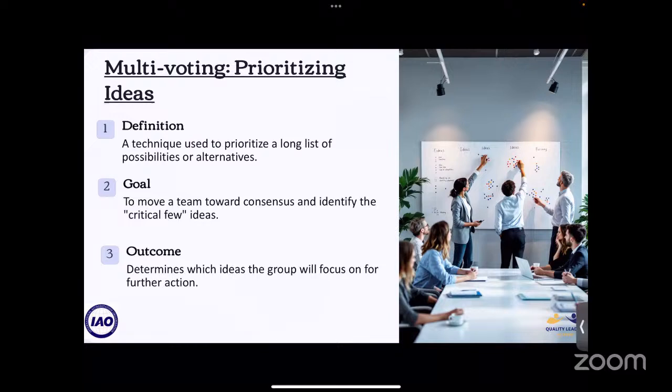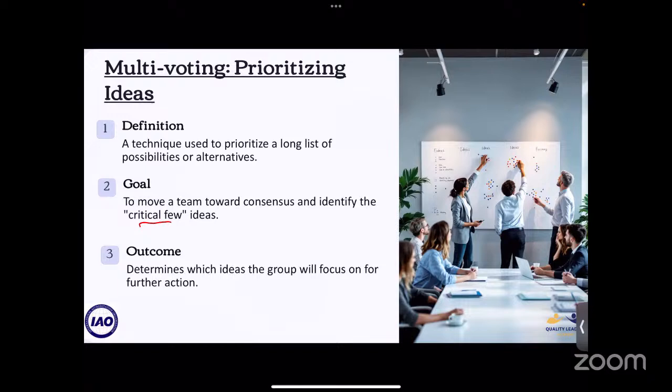The first method we have is multi-voting. Multi-voting is a tool also used for prioritization, a technique used to prioritize a long list of possibilities or alternatives. The goal is to move a team toward consensus and identify the critical few ideas, because this determines which ideas the group will focus on for further action.